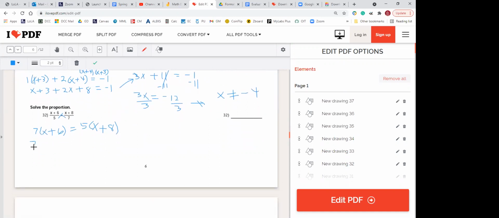So this is 7x. to subtract 42. So these are gone, and these are gone, and you got 2x.